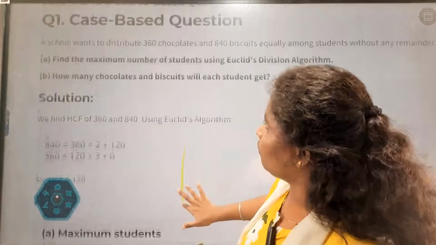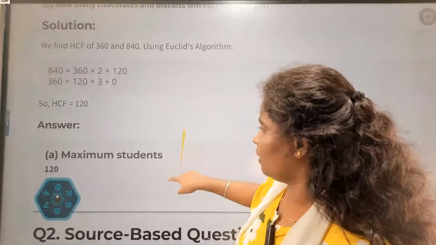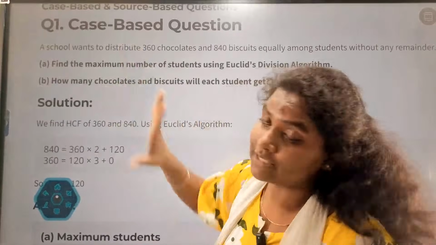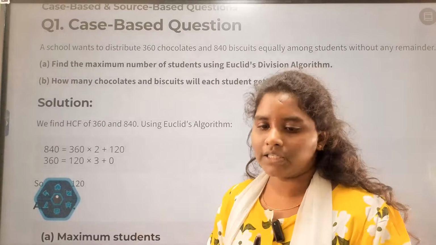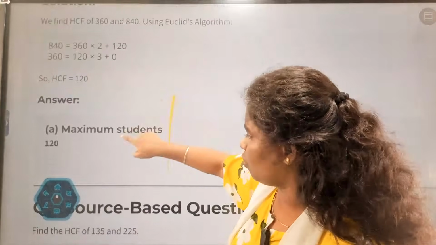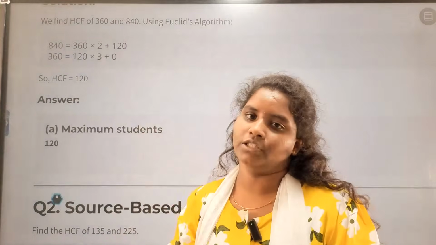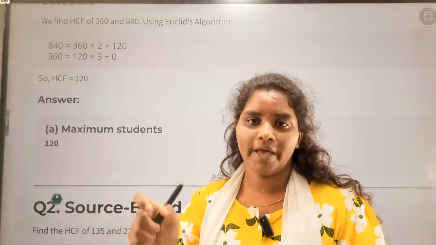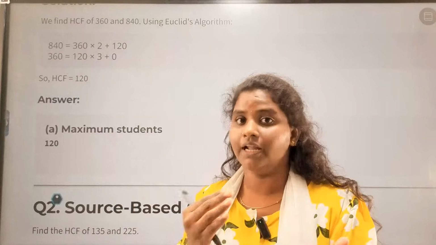In the first question, we have to find the maximum number of students, which means it's the HCF. So the maximum number of students is 120. This question is case based. Competency based questions have 6 types under them.